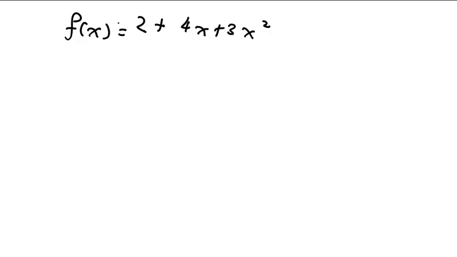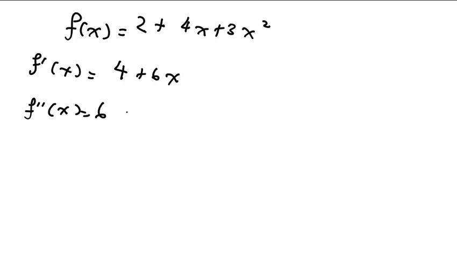So what we need to do here is to first differentiate the primitive function. First derivative becomes 4 plus 6x, isn't it? And then differentiate it again. As long as we see x here, we differentiate it again. F double prime x equal to 6, isn't it? That's it. We cannot differentiate it anymore.